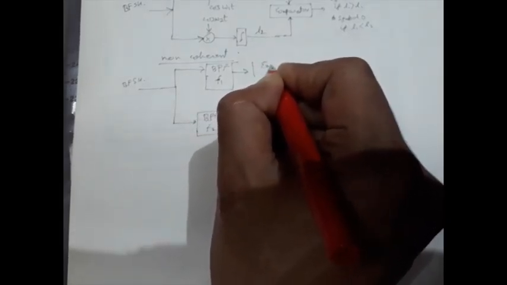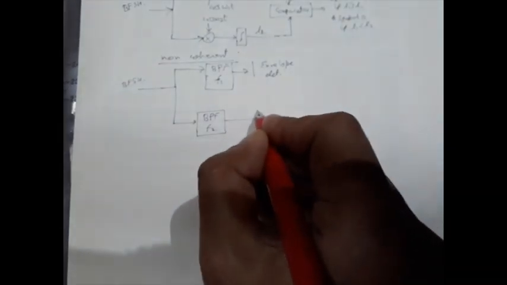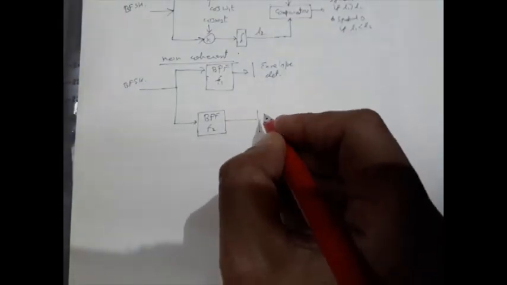Then we have an envelope detector, means a rectifier and low pass filter combination.